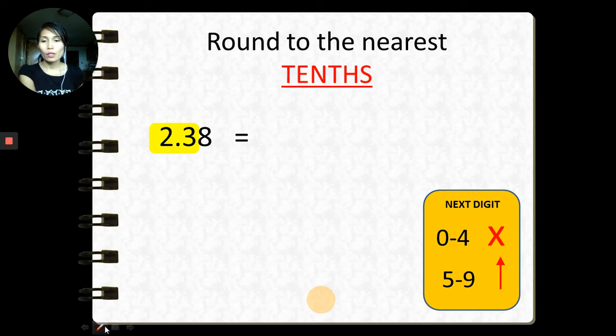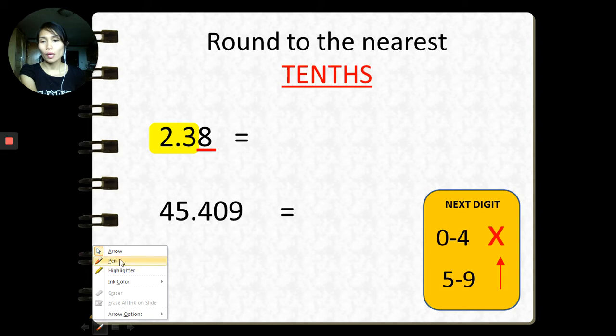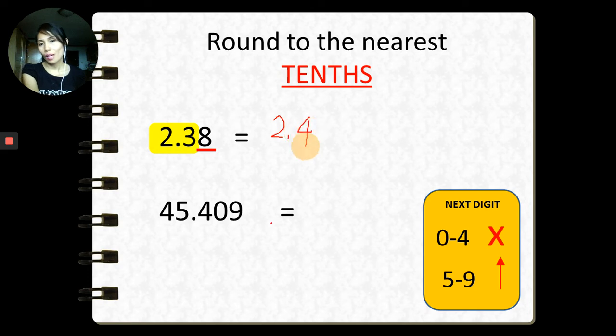So in here, based on the next digit, it's 8. And 5, 6, 7, 8, 9, we have to round up. You see the arrow up here? So that means we need to add 1 to 3. So that will be 2.4. So that's up to tenths because we added 1 here. We round it up.